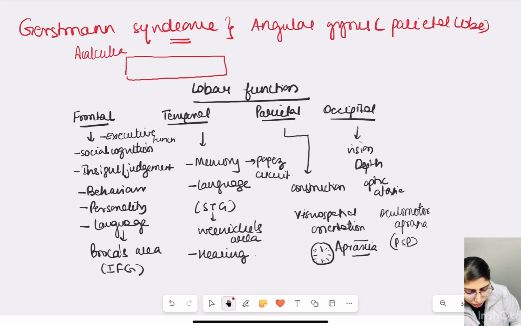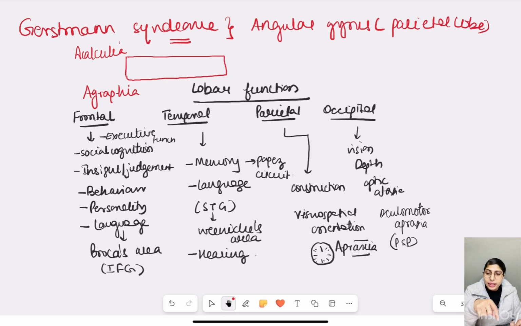One is acalculia. Calculation is not there. Then there is agraphia. The writing is also not okay. Why the writing is not okay is because, again, I told you the parietal lobe is about visual spatial perception or orientation.